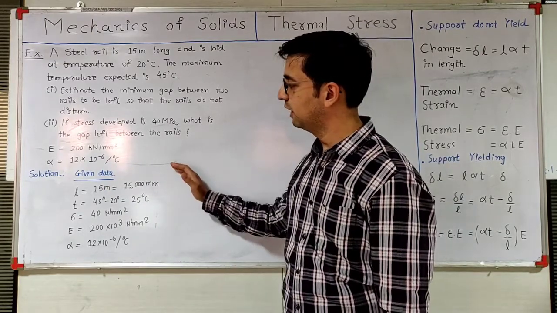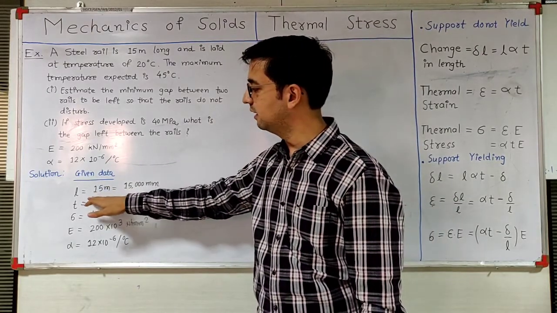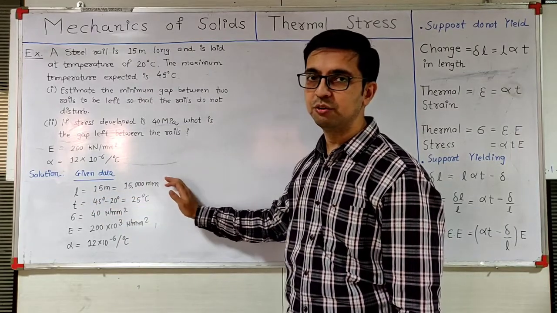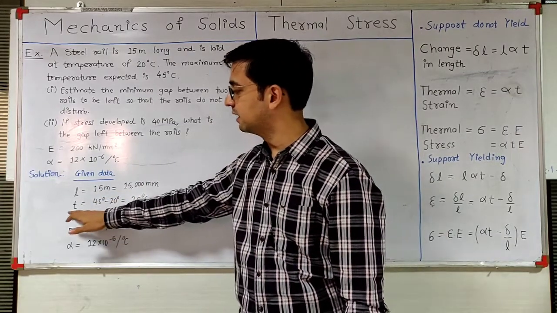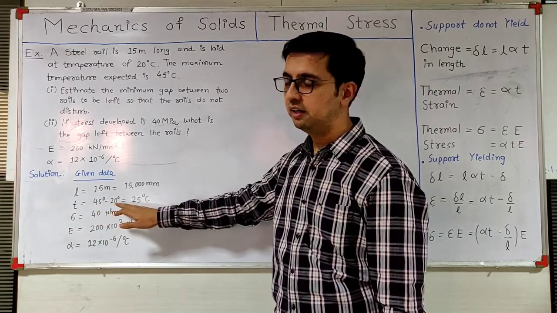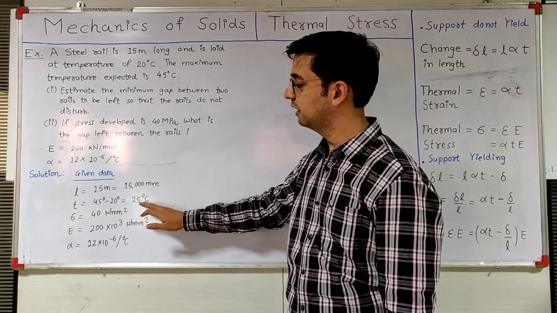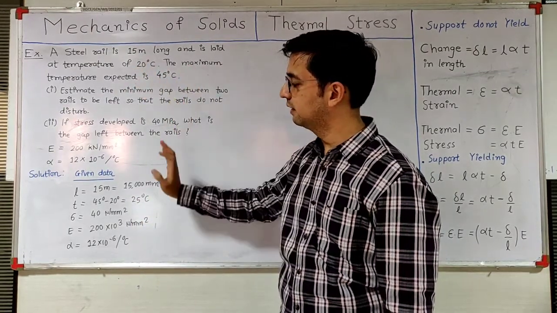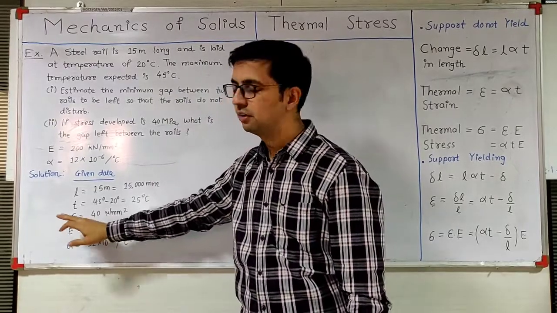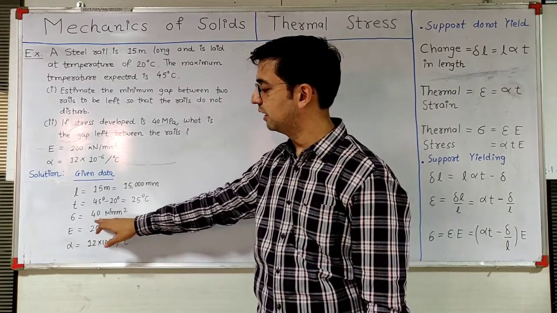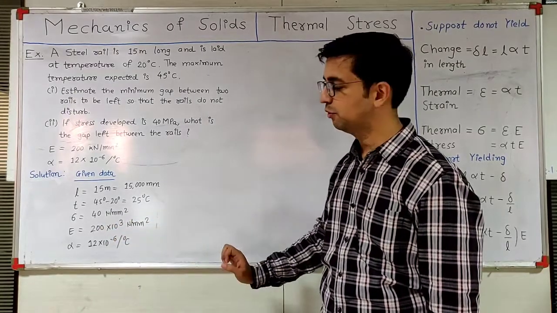Note down the given data. Length is given as 15 meters, so convert into mm: 15,000 mm. Next is the temperature: 45 degrees minus 20 degrees gives 25 degrees Celsius, the temperature difference between these two criteria. Next, thermal stress is given as 40 megapascal, so we can say 40 Newton per mm square.